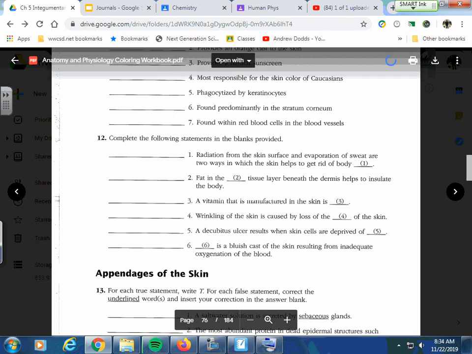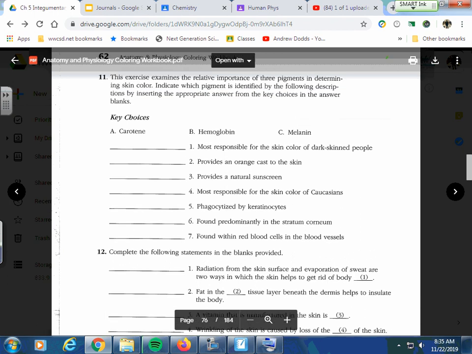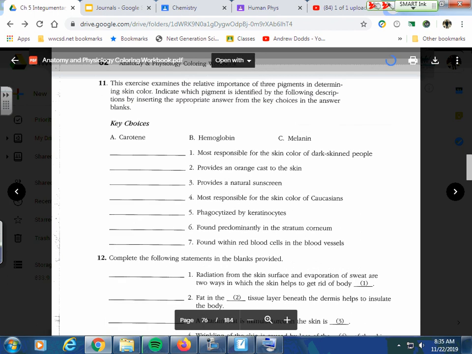And so 11 should go C, A, C, B, C, A, B. If that makes sense.